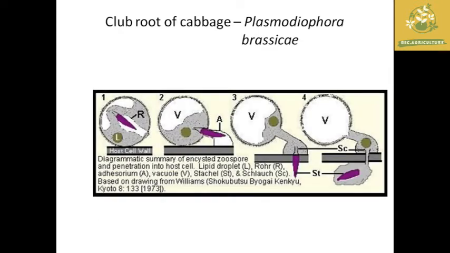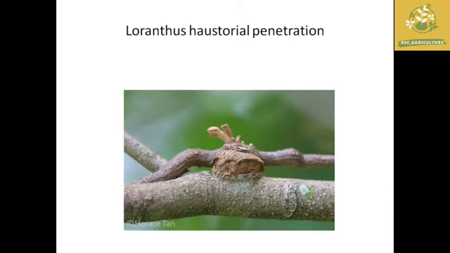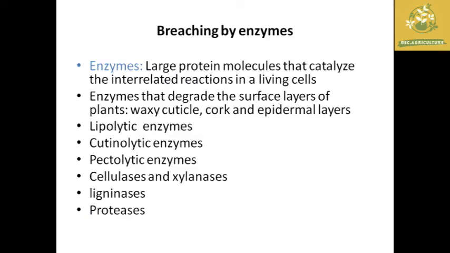I have also given another example, Plasmodiophora brassicae, which causes clubroot of cabbage. I have given a schematic diagram of how the zoospore penetrates the host cell. I have also given another example, Loranthus haustorial penetration of the host.